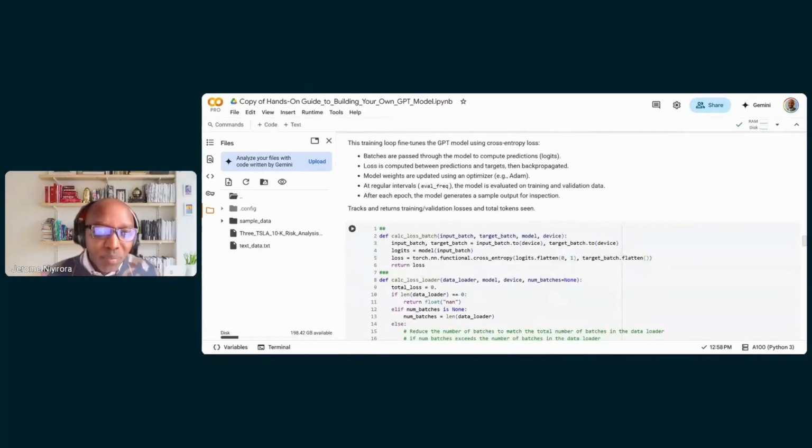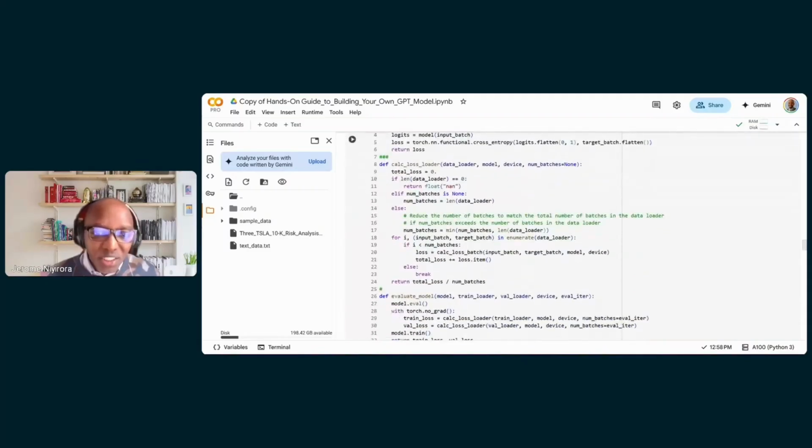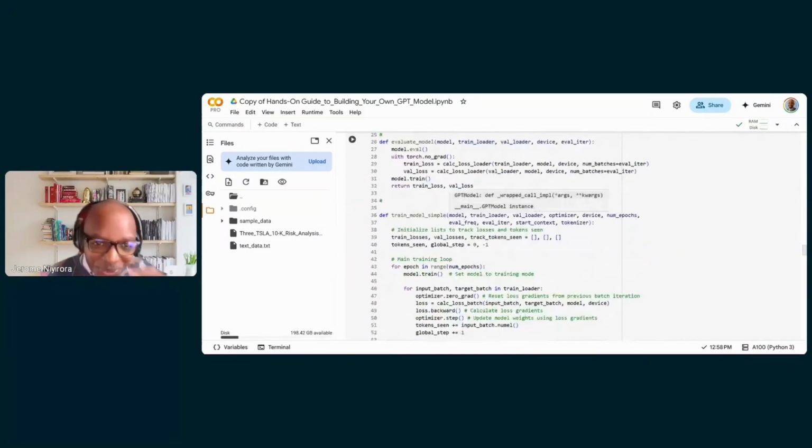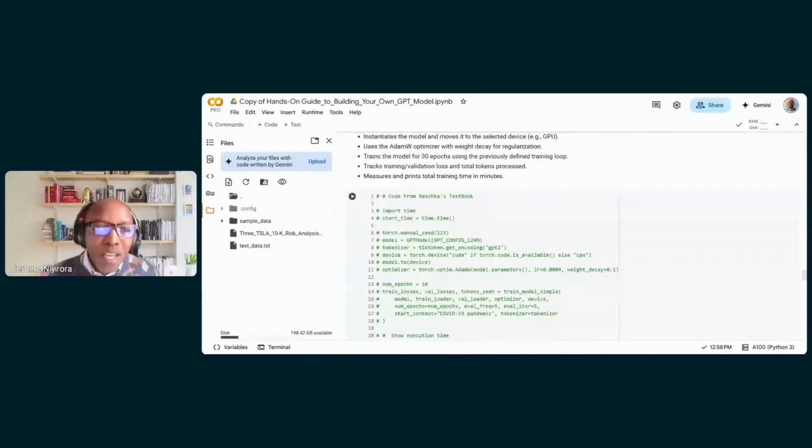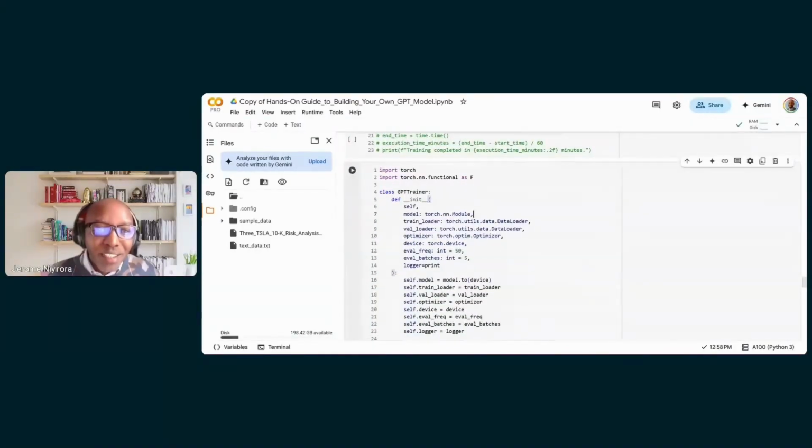This is just a training loop that calculates the losses and does the training. I wish I had more time to go through what each of these parts of the code is doing, but for the sake of time, let's quickly run through this and then go ahead and train it.